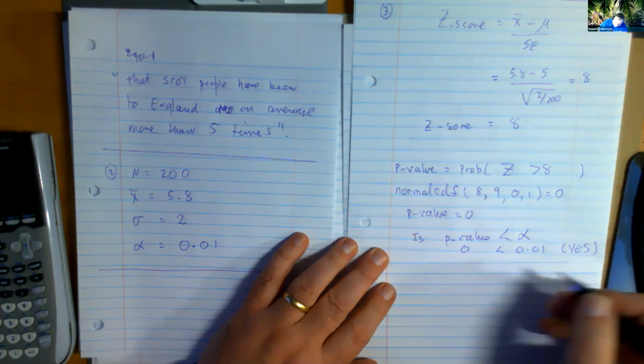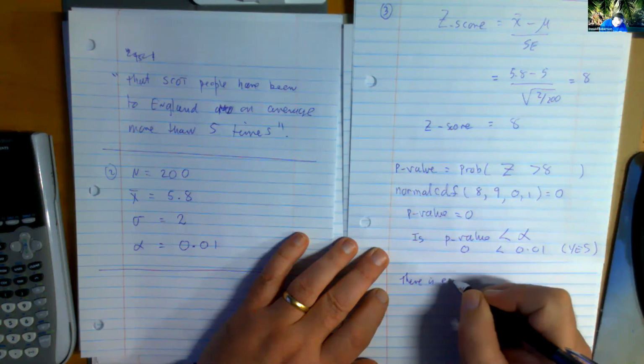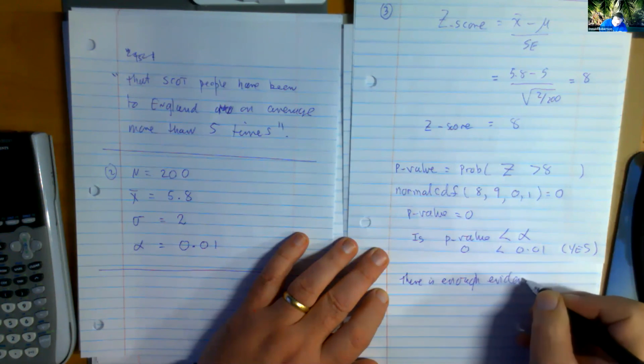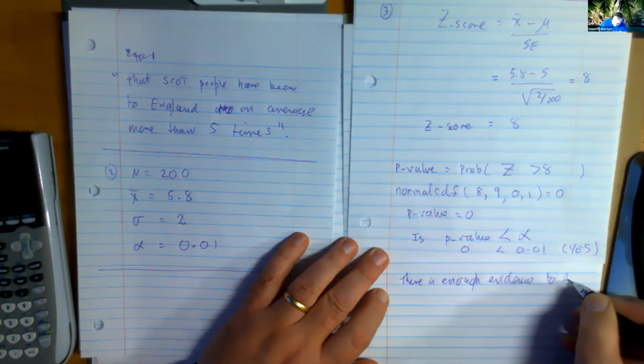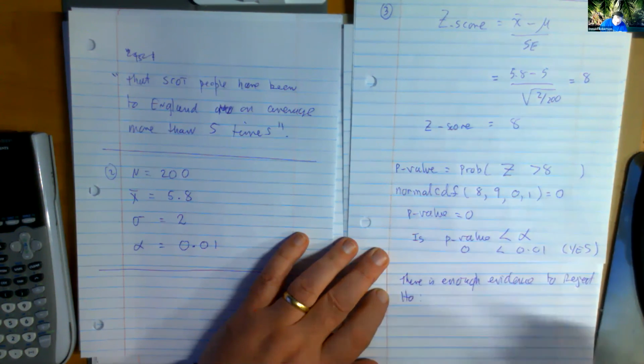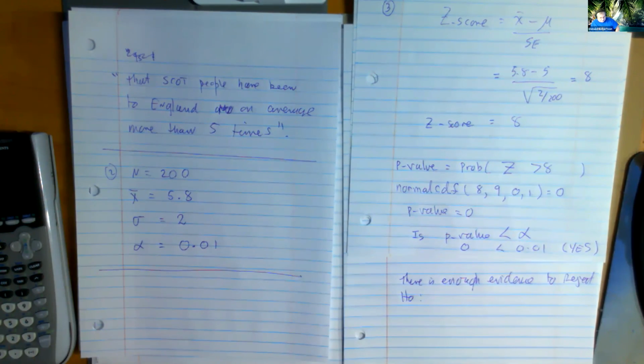Okay, so what does that mean? Well, there is enough evidence to reject H0, which means that, yes, we have proved that Scottish people have been to England on average more than 5 times.